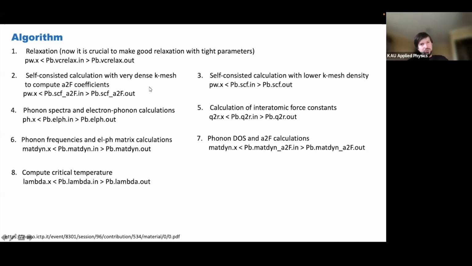That's why we make these two sets of calculations: one with super dense and another with dense but not so dense, to proceed for all other steps. Then we have to take the output files from here to the phonon folder. I now call it the Electron-phonon folder. You can find it in the lab 17 folder. Here we will calculate phonons, our phonons from previous labs, and these electron-phonon coefficients.